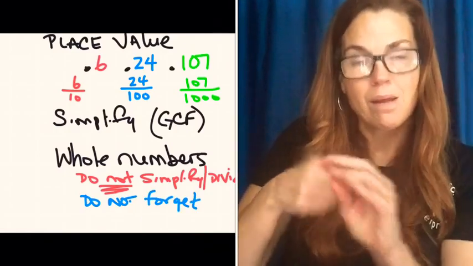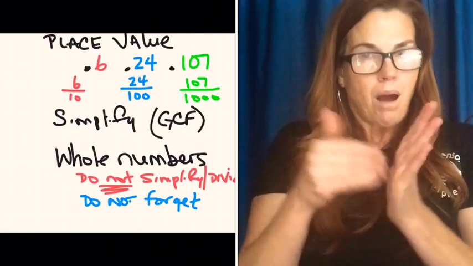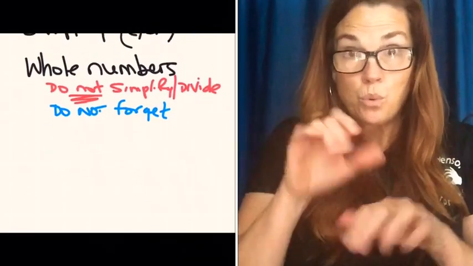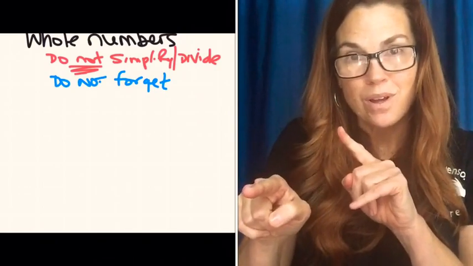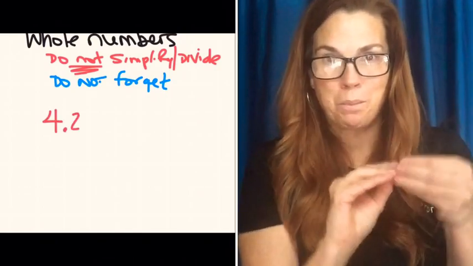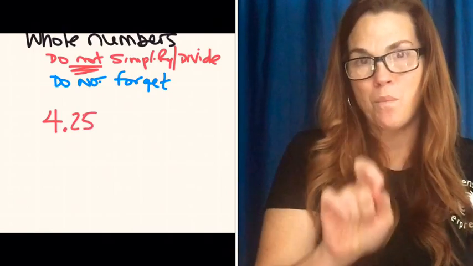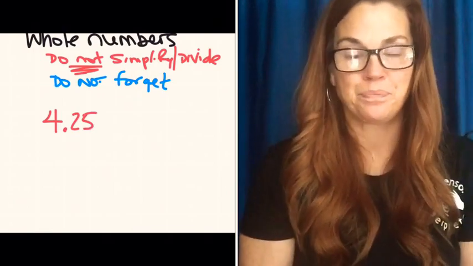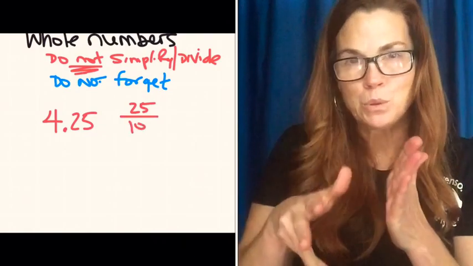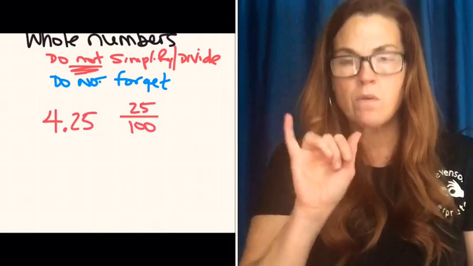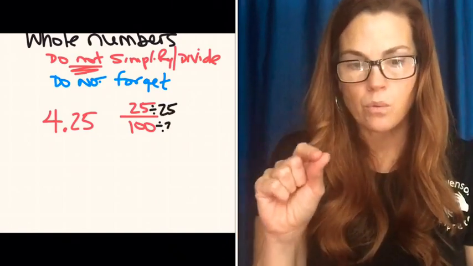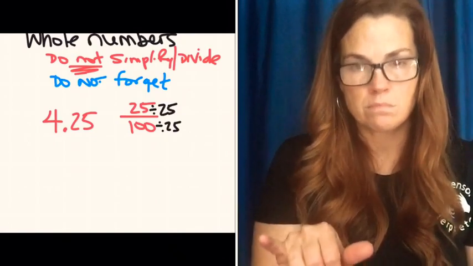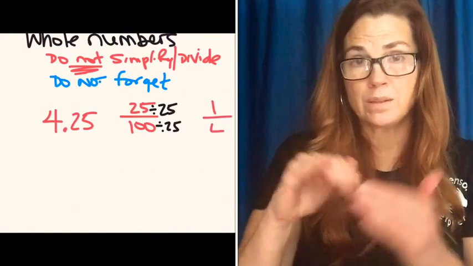Oftentimes, I'll see students forget to include the whole number. So when they get something that looks like this, 4.25, they'll take the 25 and write it over its place value. And then they'll even remember to simplify it by its GCF, or greatest common factor. And they'll end up with an equivalent fraction of 1/4.